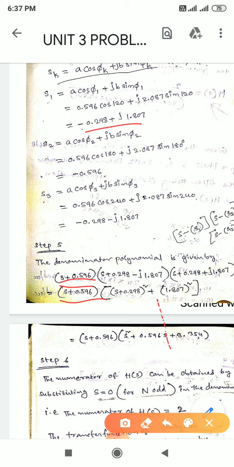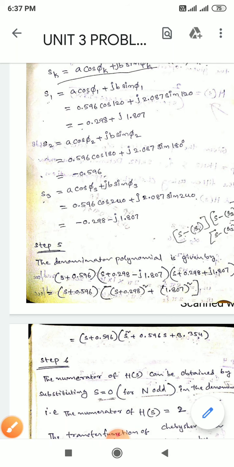Similarly, for s3, s minus s3 gives s + 0.298 - j1.807 ... sorry, s + 0.298 + j1.807. Observe these two terms.